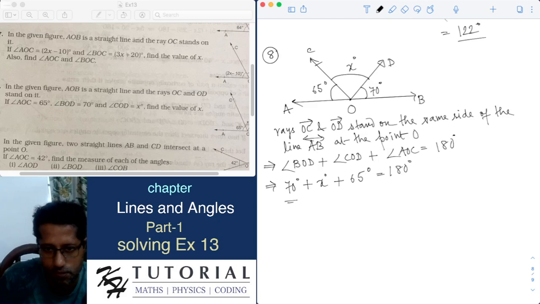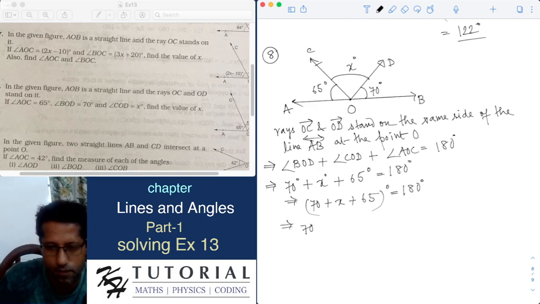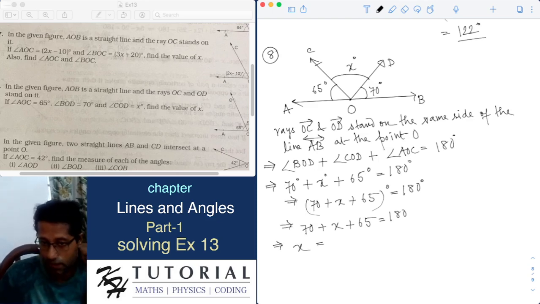Now this implies we have 70 plus X plus 65 is equal to 180. If we solve for X, we keep the X on the left hand side and bring all constants to the right hand side.